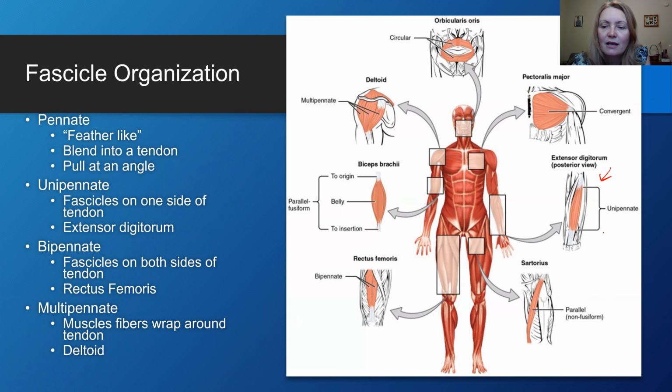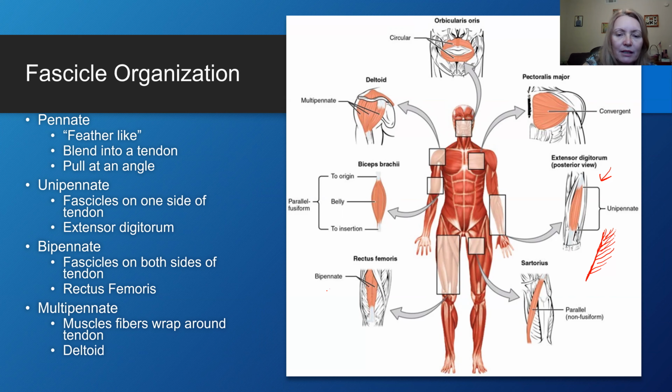Unipinnate is when we have a tendon and fascicles, which are made of muscle fibers, on one side of the tendon. So here's a tendon, and those are our fascicles.